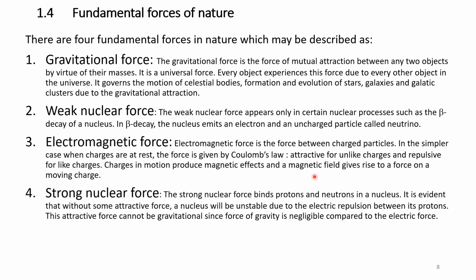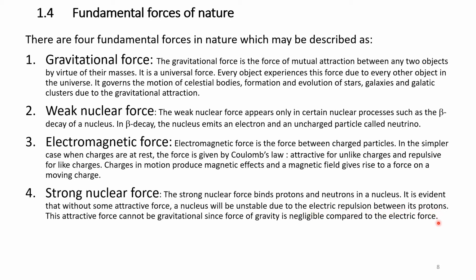At serial number 4, we have strong nuclear force. The strong nuclear force binds protons and neutrons in nucleus. It is evident that without some attractive force, a nucleus will be unstable due to electric repulsion between its protons.